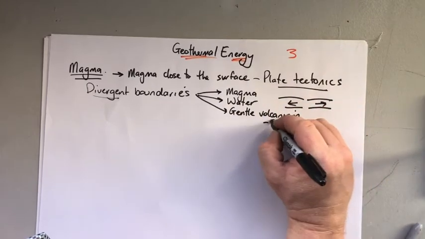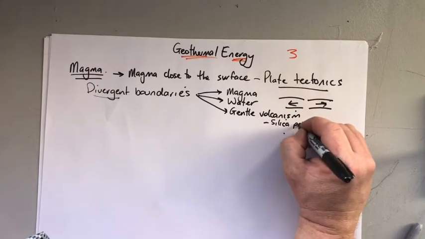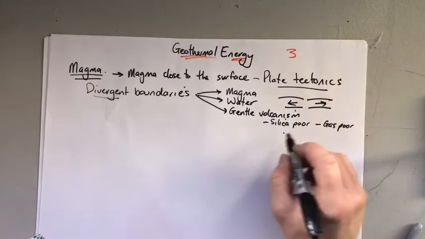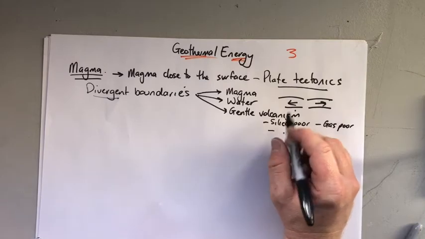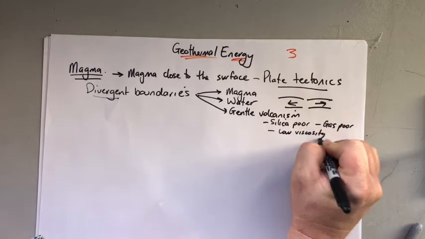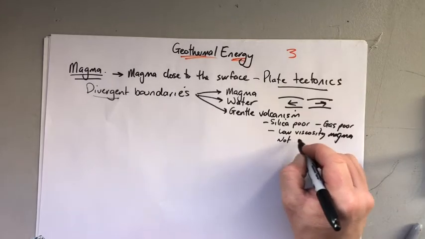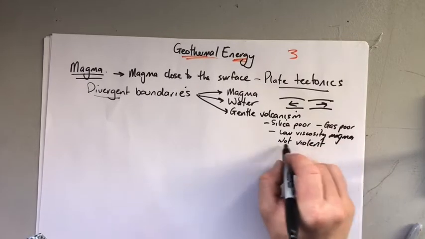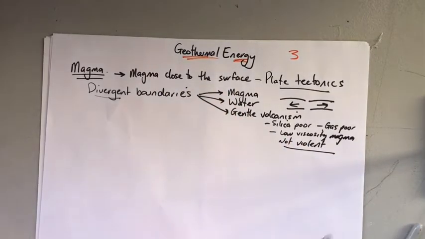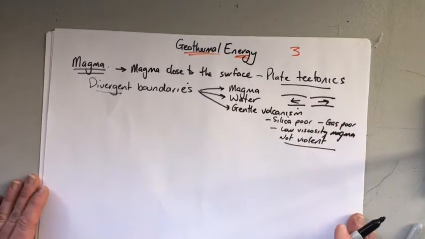We've got our low silica and our gas poor, so there is a very low viscosity magma. It's non-violent. So if we were thinking of building a multi-billion-dollar geothermal energy plant, we want to do it in a place where there is not as much chance of it getting destroyed by tectonic activity.